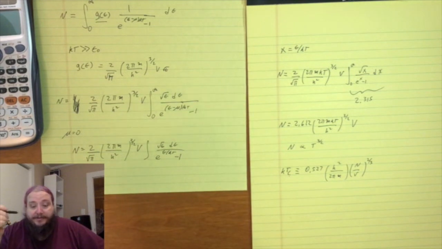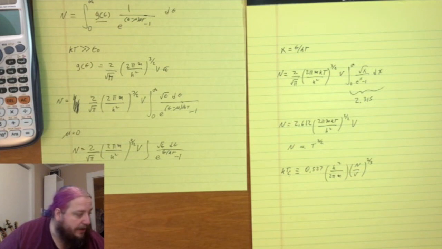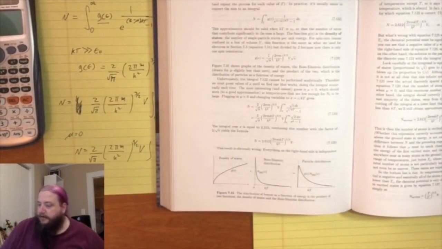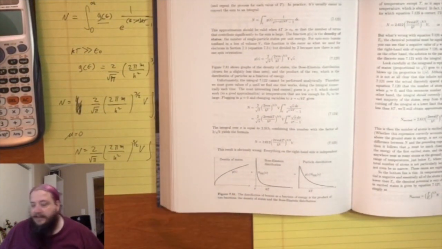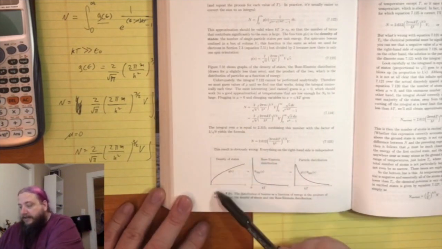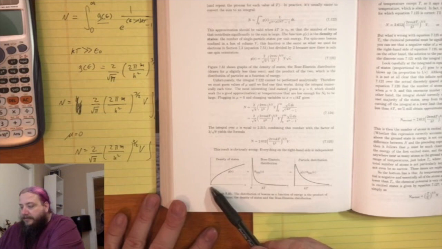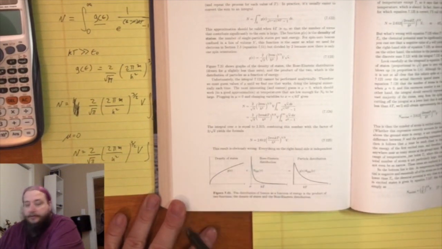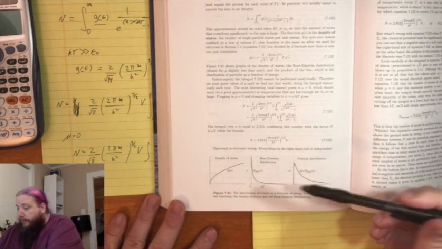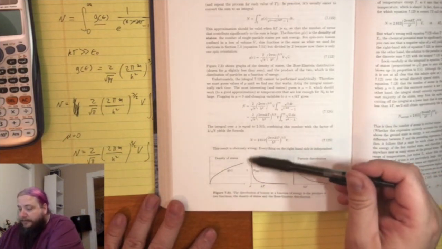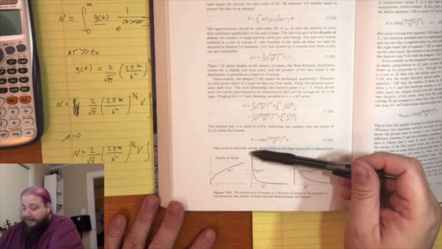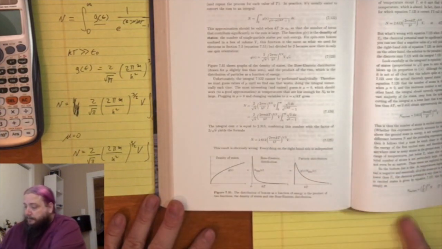For temperatures below this condensation temperature, approaching this as an integral doesn't really work anymore. The reason is, if we look at this diagram, over here we have the density of states, which, as in the free electron case, goes up as the square root of energy. But for low temperatures, the Bose-Einstein distribution becomes essentially asymptotically infinite at low energies.